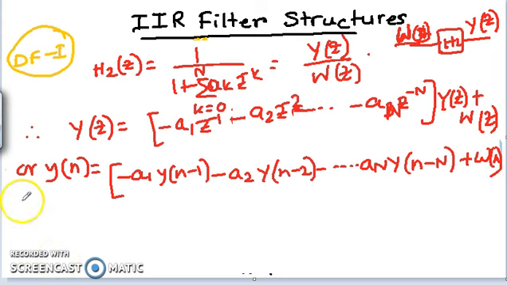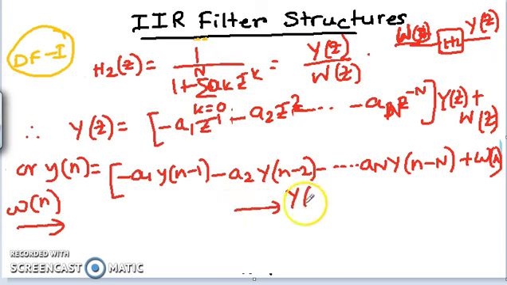And in this structure, what is the input? The w(n) was coming, so w(n) will be there. This part is additive with a recursive structure. In a recursive structure, the y(n) is composed of all the previous outputs. So if this is my y(n), the previous output I can get if I put a delay element here, z inverse 1. So it will become y(n minus 1).